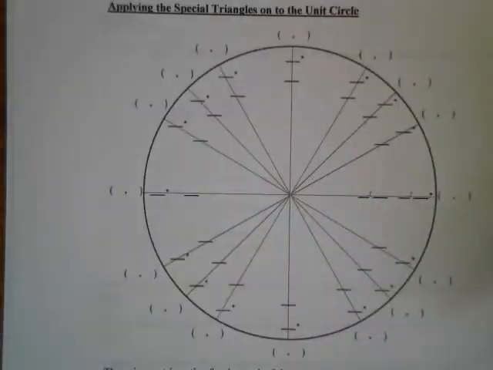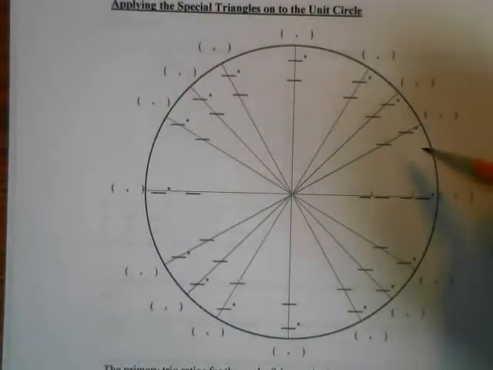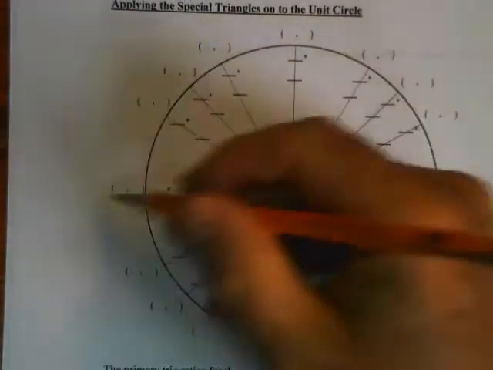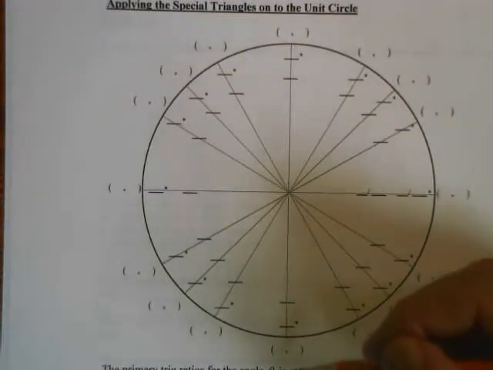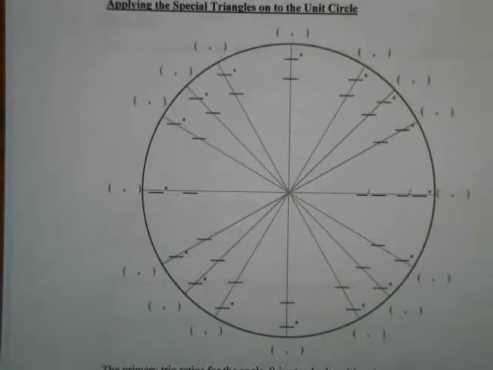Okay, so the first thing we're going to do is we're going to actually put the angle in. So if you think about this as the XY grid, it still is an XY grid. We just haven't put the axes labeled here, but it is. So an angle of 0 would be where the initial arm starts.